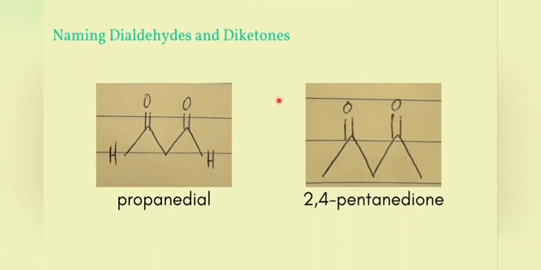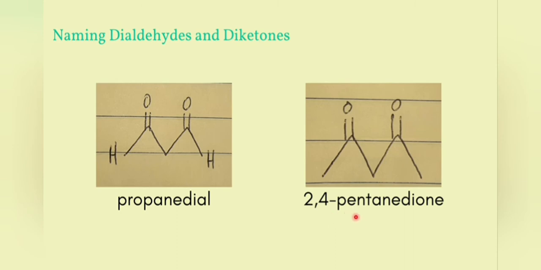So when we name dialdehydes and diketones, propanedial, since there are 2 aldehydes present, it would be named as dial. And propane, the E is retained in this naming. Propane because there are 3 carbons present, 1, 2, 3, thus giving the name propanedial. For this one, 2,4-pentanedione.